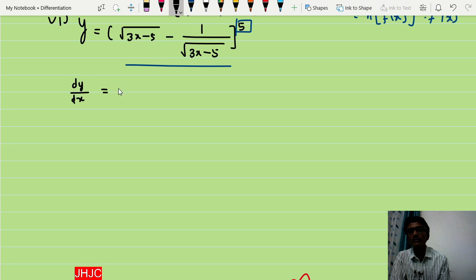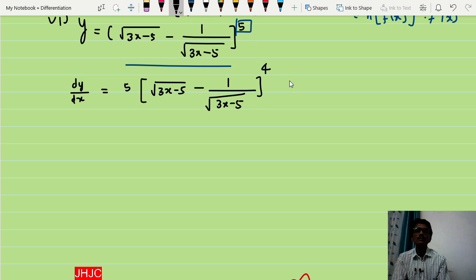differentiating with respect to x. So here n is equal to 5. So it is 5 times root of 3x minus 5 minus 1 upon square root of 3x minus 5, whole raised to power n minus 1, meaning 4, into the derivative of root of 3x minus 5 minus 1 upon root of 3x minus 5.